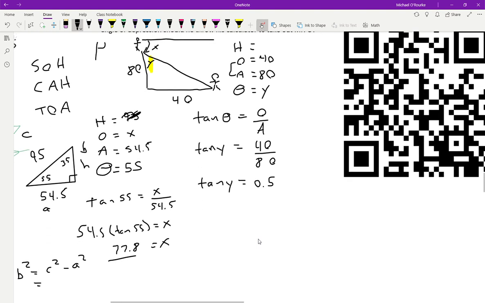If you remember from yesterday. What do I need to move over to the other side? Right now I have tan Y equals 0.5. Not the Y. Good, so I need to move the tan over. And when I do, it becomes tan negative 1 of 0.5.